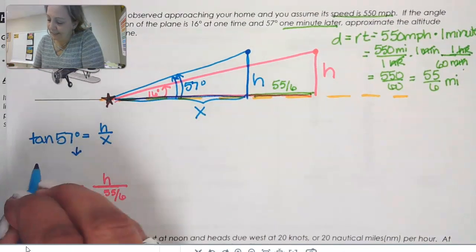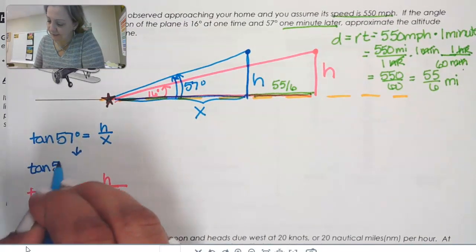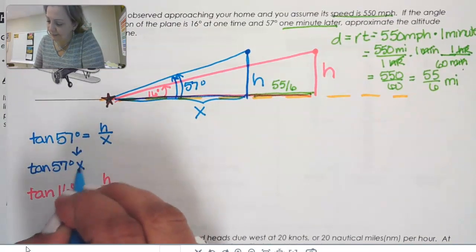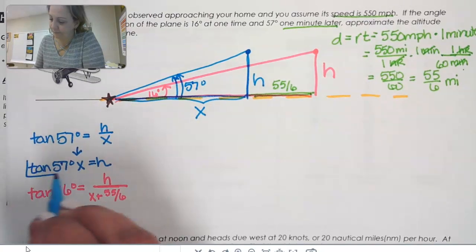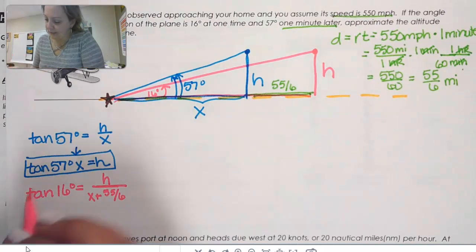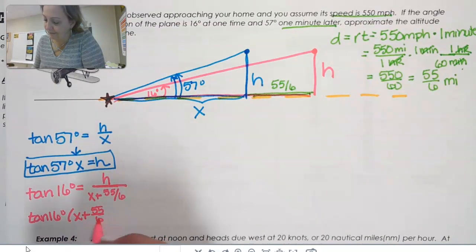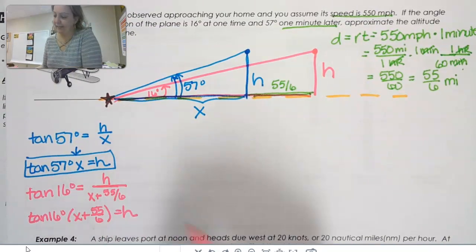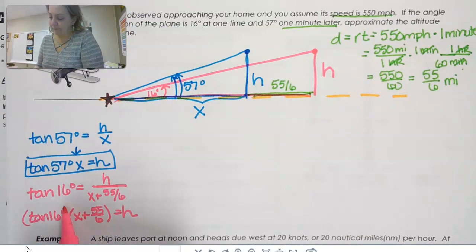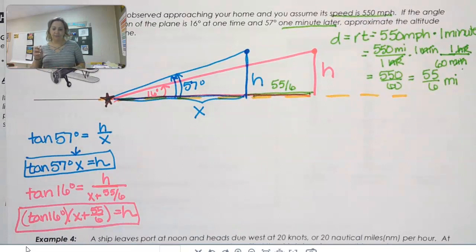If I isolate h here, I can change this into the tangent of 57 degrees times x. And here I can turn this into the tangent of 16 degrees times x plus 55/6. And then that's also equal to h.